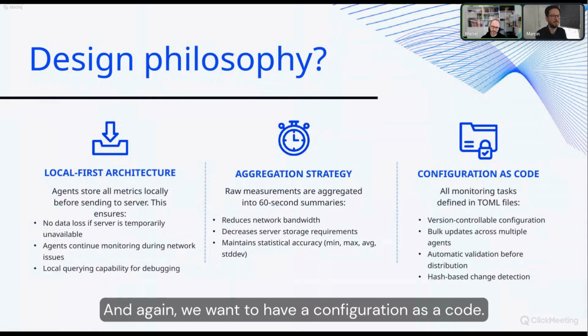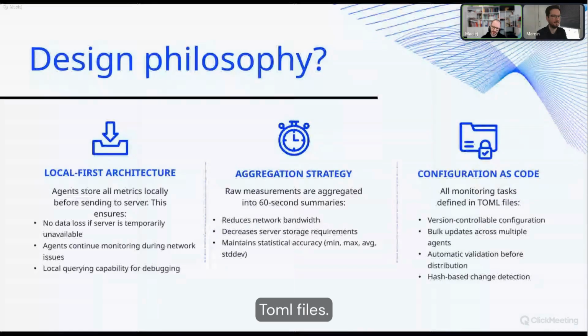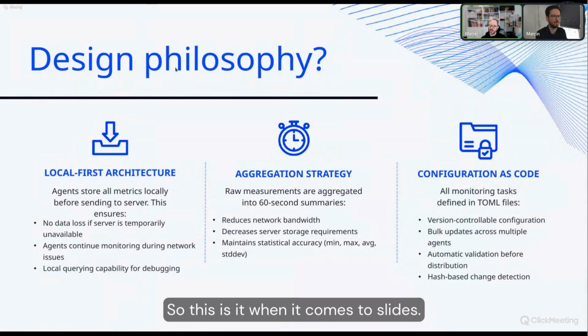And again, we want to have configuration as code, so everything is configured via text files in TOML files. All right. So this is it when it comes to slides.